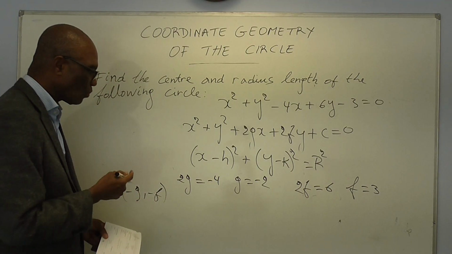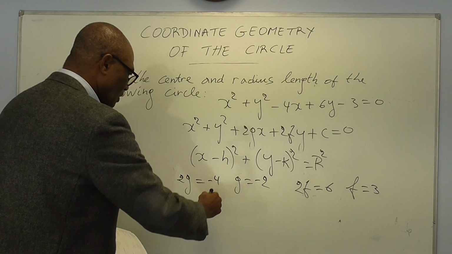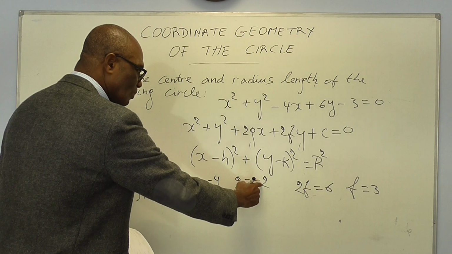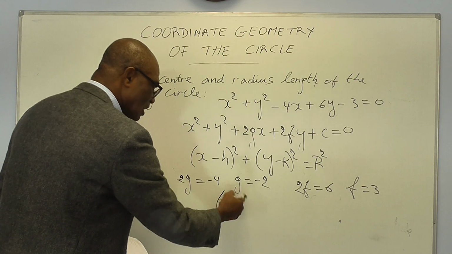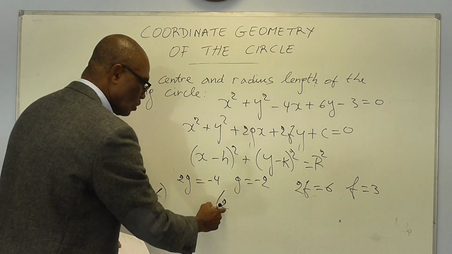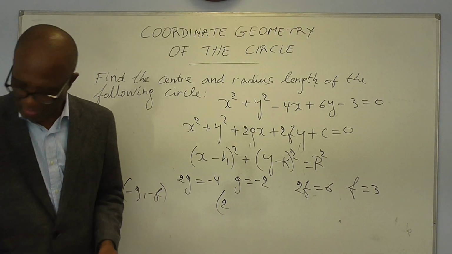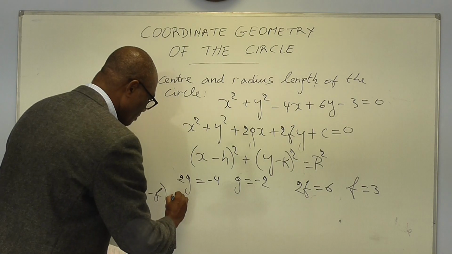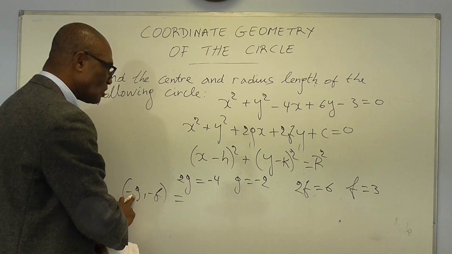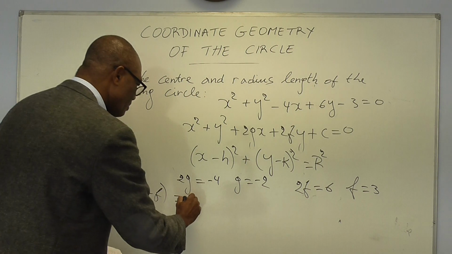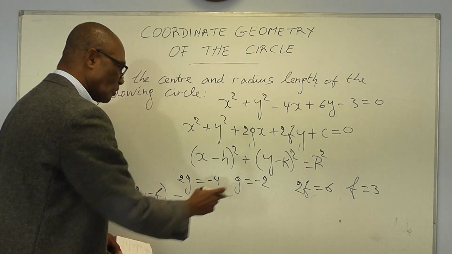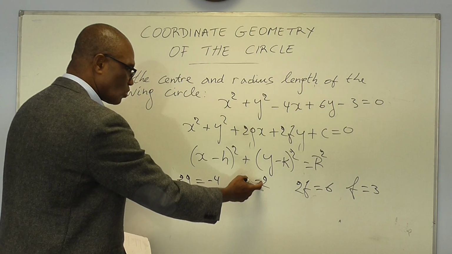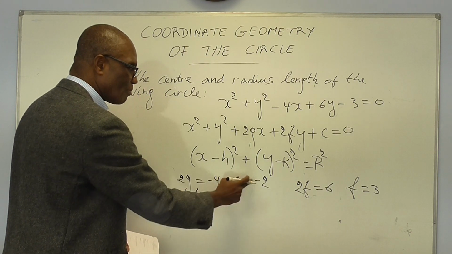So to write it, if g is equal to minus 2, that means minus g will be 2, because g is minus 2.